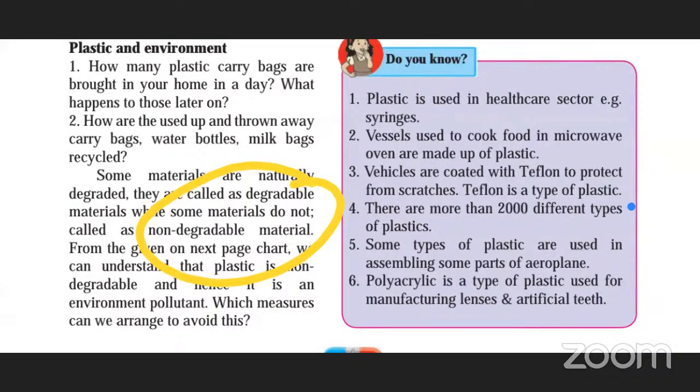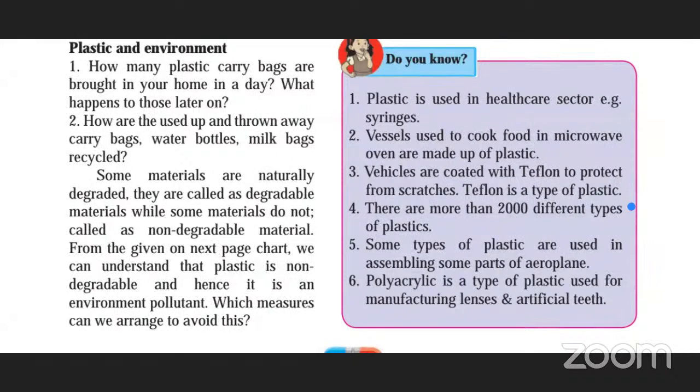Degradation means complex compounds are getting converted into simpler compounds. Generally, when we bury anything inside the soil, what happens after some days or some months is that you see nothing is there in the soil, right?